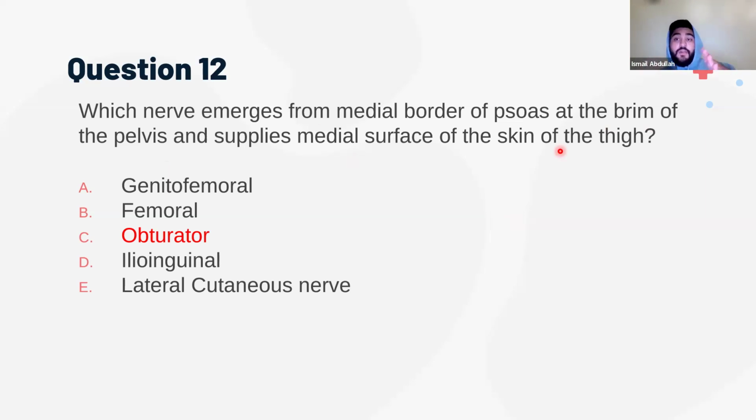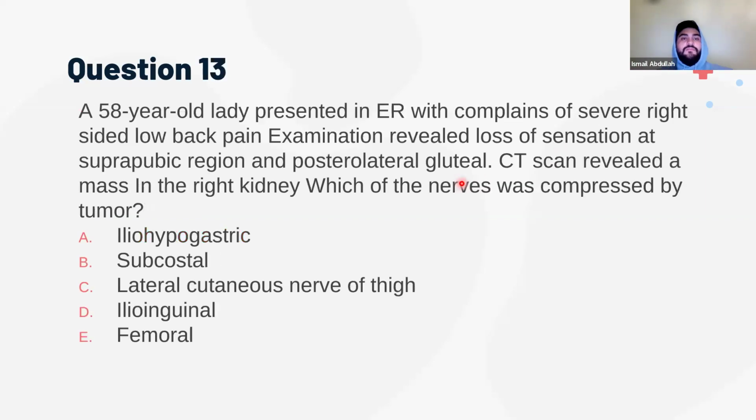The medial is supplied by the obturator, the very anterior is supplied by the femoral, and the lateral is supplied by the lateral cutaneous nerve. So this is how it really goes. And yeah, okay, I'm moving on to the next question.